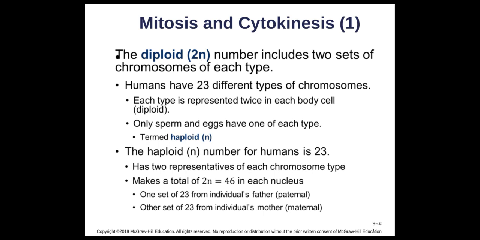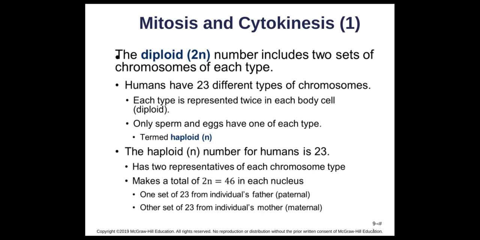So when we're looking at body cells, we will see those 46 chromosomes. That is going to be diploid. Haploid is when you have half of the number of diploid. Eggs and sperm have half the number of chromosomes.